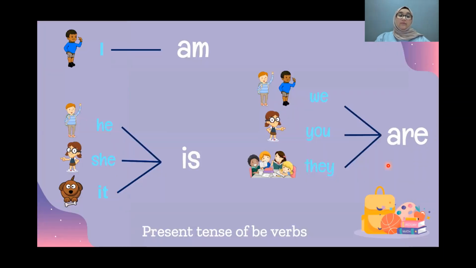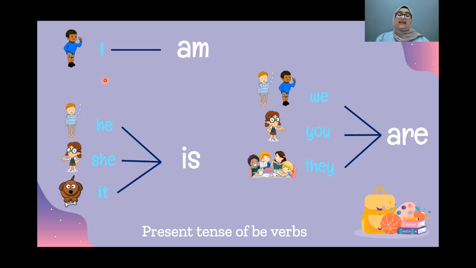Okay, so we have some subjects here. We have I, we have he, she, it, we, you, and they. As we said, be-verbs, we have am, is, and are. These are be-verbs in the present form. And this is how we use them with different subjects.